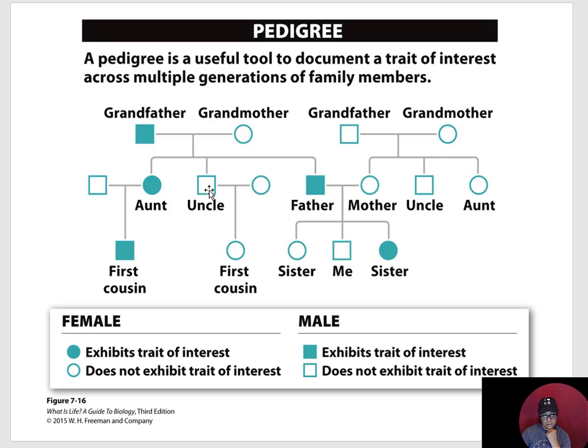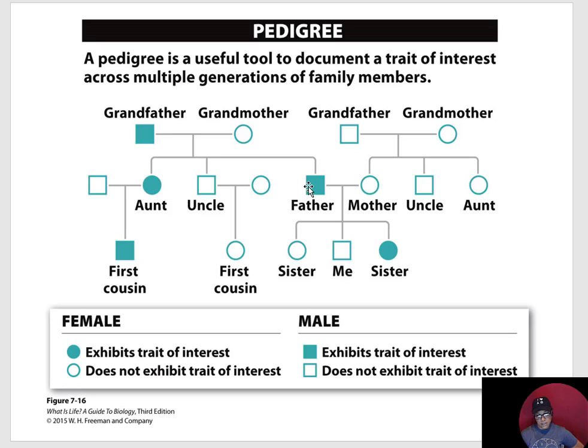The uncle did not, right? And the father of the person who we are speaking to had cancer, and the mother of the person that we are speaking to did not. And so we start to fill in these squares just by asking this person questions about the family tree.